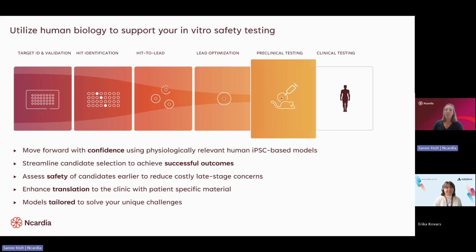We can range from either helping you streamline your candidate selection or identify tissue-level liabilities before you go into expensive in vivo studies, or helping you build a safety assay for your IND application study. We really try and tailor to whatever is needed for your drug development.